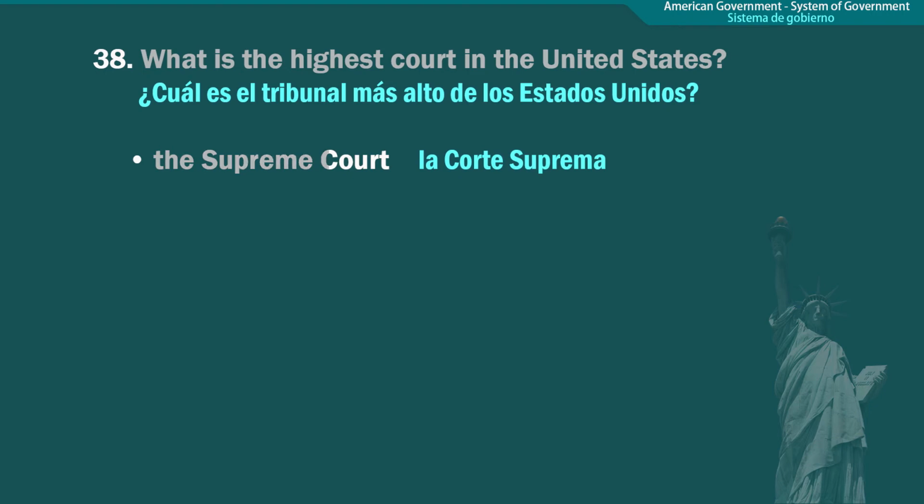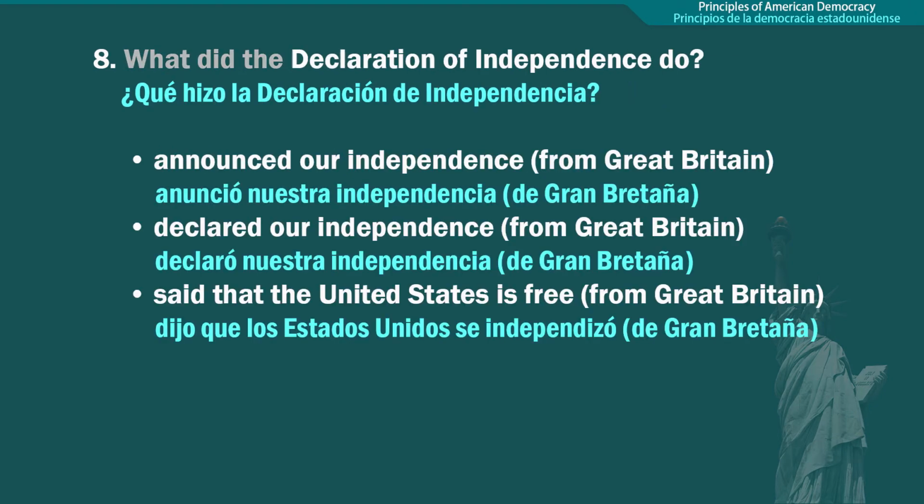The Supreme Court. What did the Declaration of Independence do? Announced our independence from Great Britain. Declared our independence from Great Britain. Said that the United States is free from Great Britain.